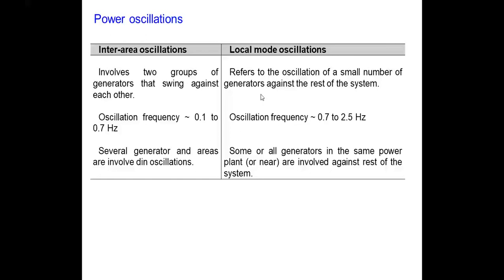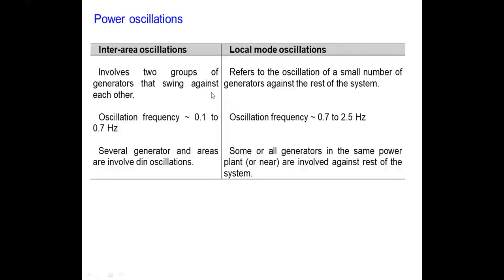That is to say, the group of generators in area 1 will be of coherent nature. Then another group of generators in area 2 will also be of coherent nature, and they will be oscillating against each other.